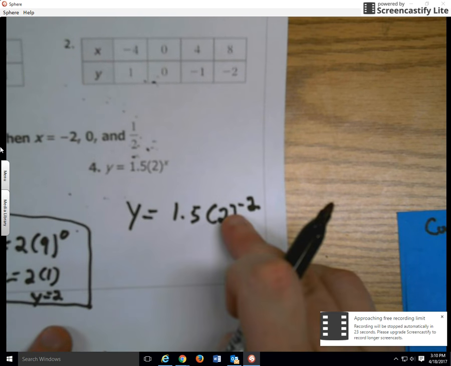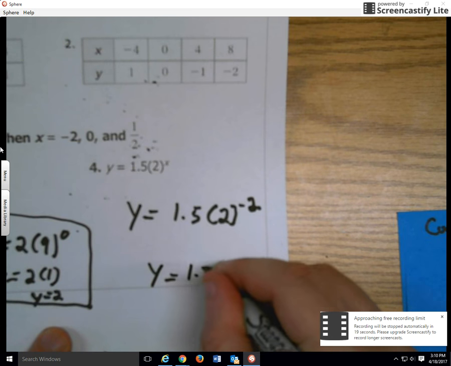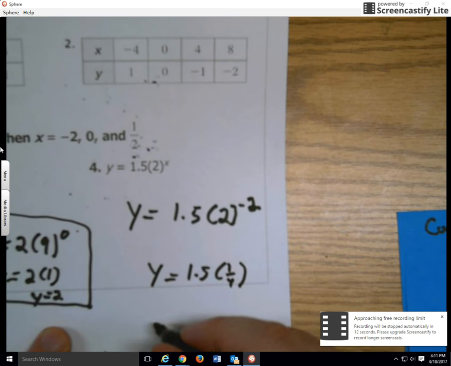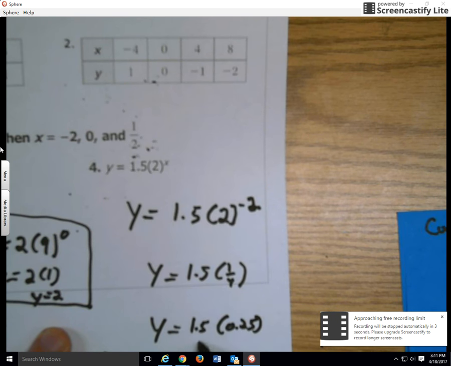So remember, this would go in the denominator. It would be 1 over 4. So y equals 1.5 times 1 over 4. And then if you want to convert that to a decimal, y equals 1.5 times 0.25. I'm trying to hurry. You can get a calculator and multiply those and get your answer for the first one.